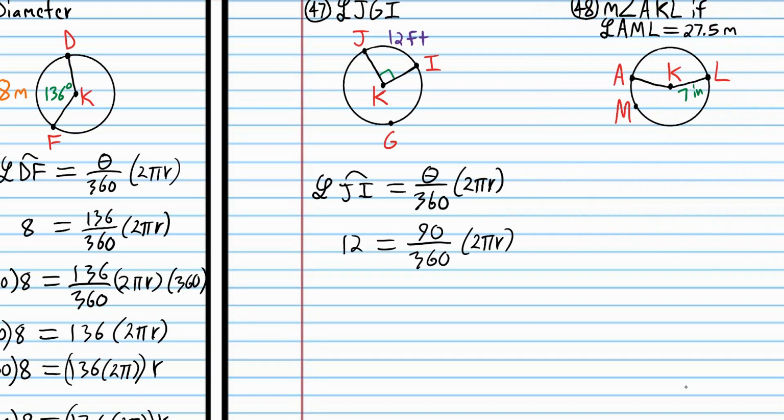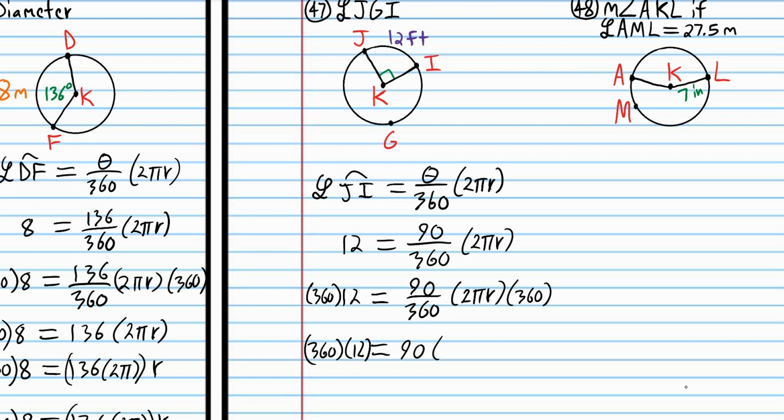So I'm going to rewrite that. I don't think we're going to have a lot of room here, so I may not be able to show every single step. Multiplying by 360, we get 360 times 12 equals 90 times 2 pi r.